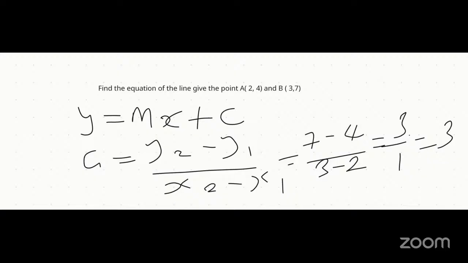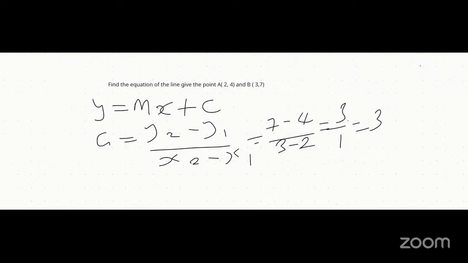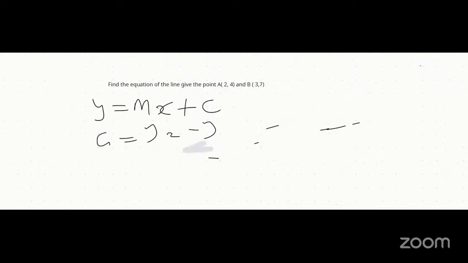Since we know what our slope is right now, I'm going to put it into the formula. Remember, you can use any of the points, either point A or point B, in the equation.